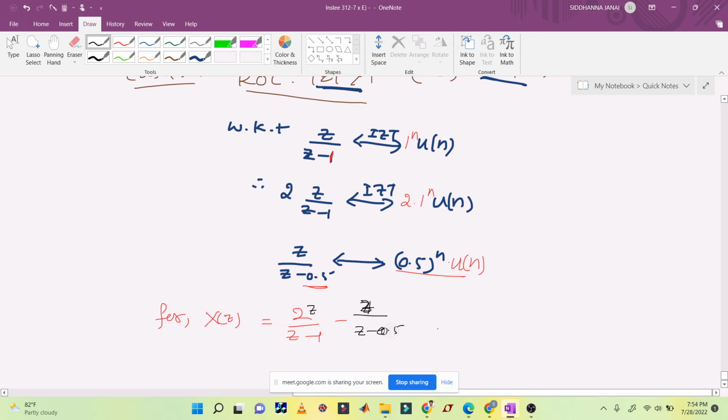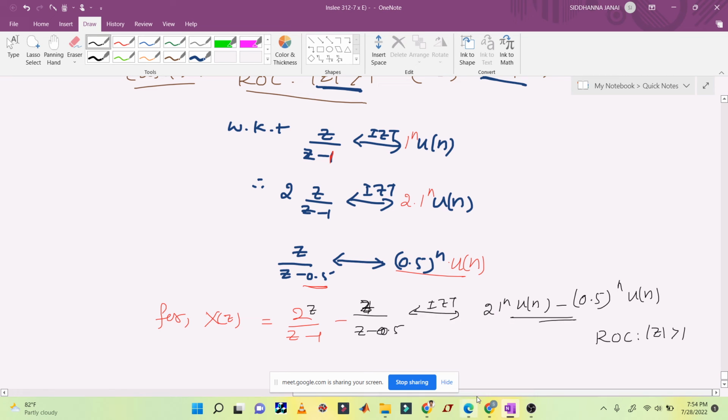For this particular sequence, the inverse Z transform is 2 into 1 to the power n u of n minus 0.5 to the power n u of n for the ROC Z greater than 1.